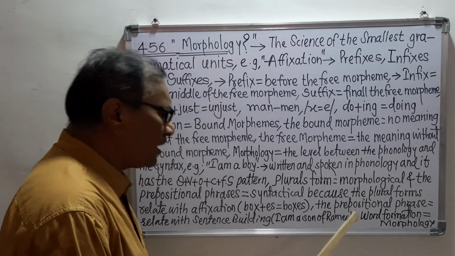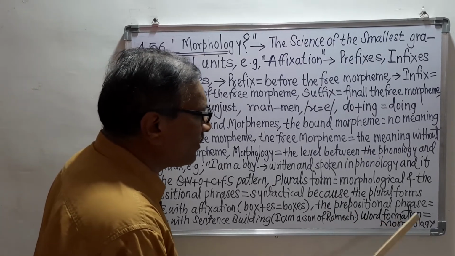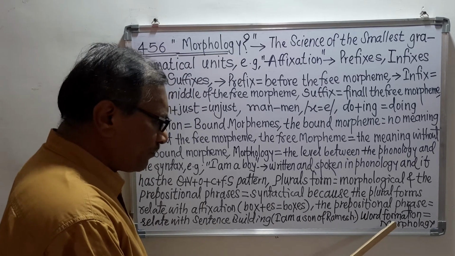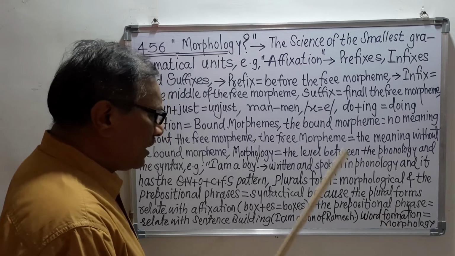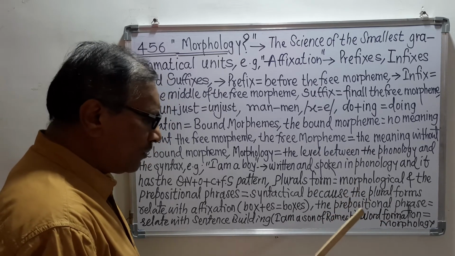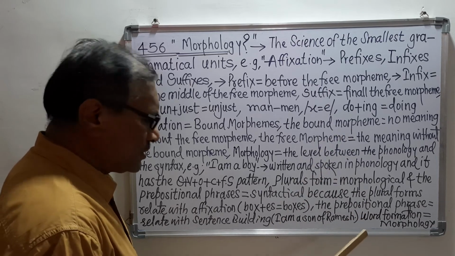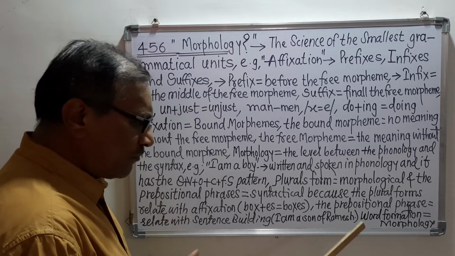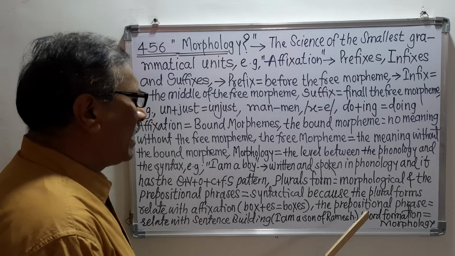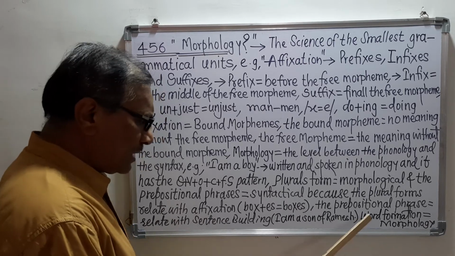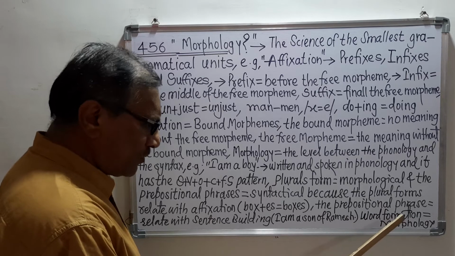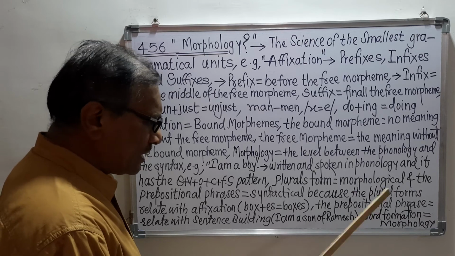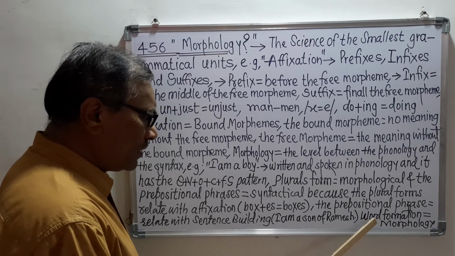And now the last point we will see is that word formation means morphology. Remember, when we look at morphology, we can say that it tells us the study of free morphemes and bound morphemes, and these free morphemes and bound morphemes come together and make a new formation, that is called new word formation, and that's why morphology is the science in which new words are created, and that's why it is called word formation.